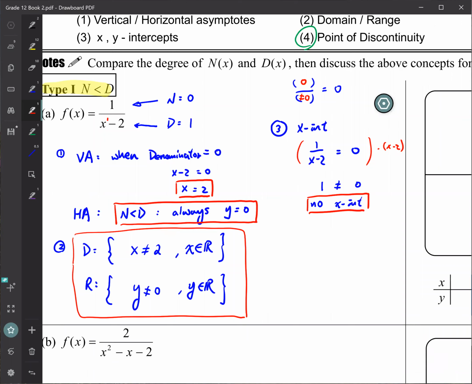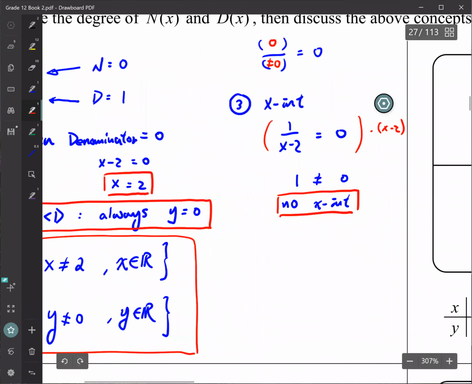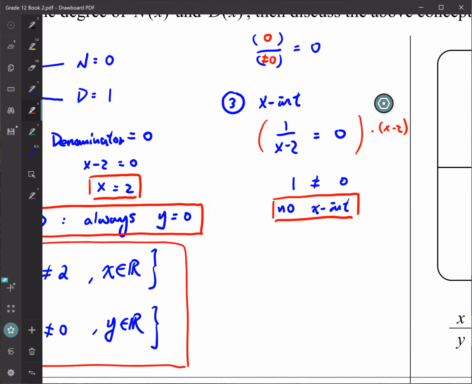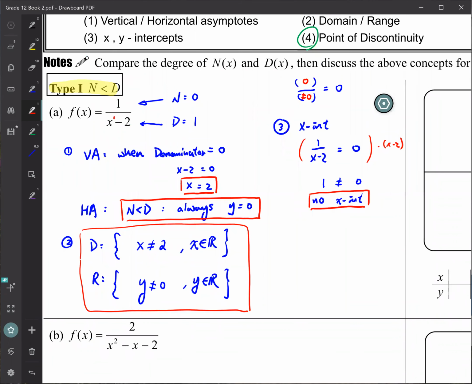So you just need to worry about the numerator. But then in this case, the numerator is a 1, right? So that's why it's no way it's ever going to be 0, okay? So you don't even need to do multiplying at all, right? Just looking at the fraction, the top is a number, right? Has no variable, so it's impossible to equal to 0.